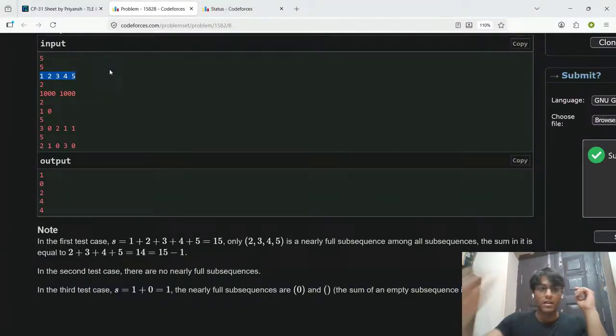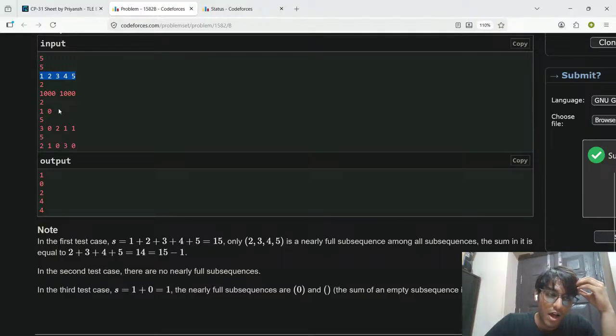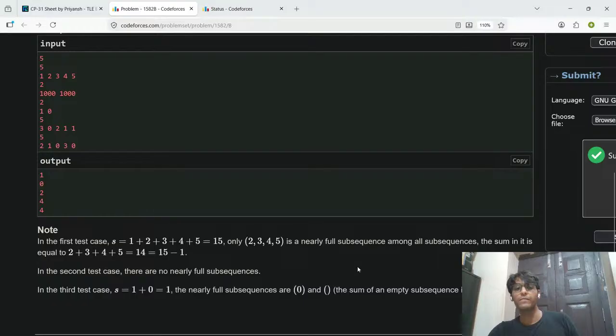Then the next thing I learned was that for every zero the answer gets multiplied by 2. You can see this in the solution that the answer would have been 1, right? Because if we don't use this, we get this. But there is this also. So for every 0, the answer gets multiplied by 2.